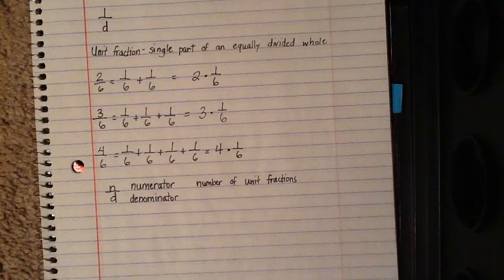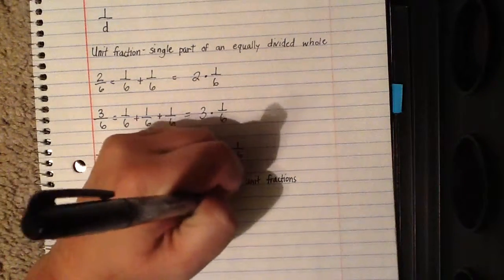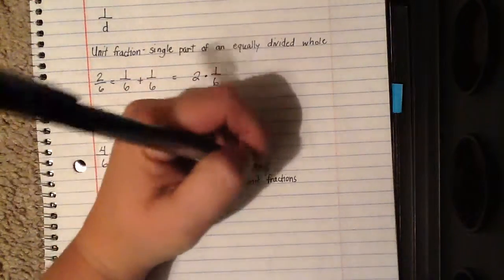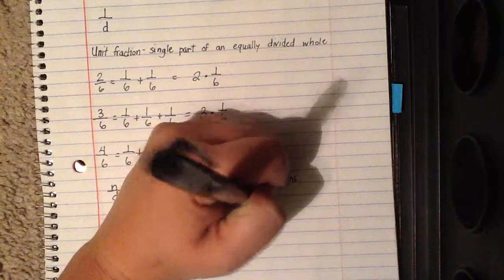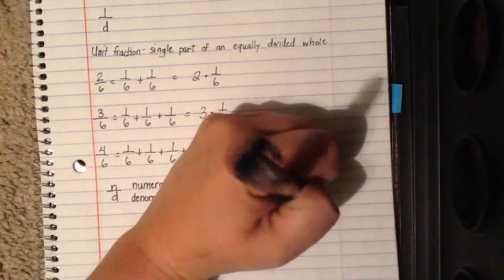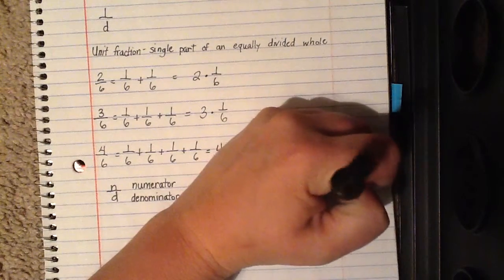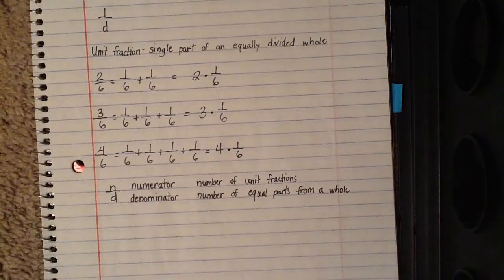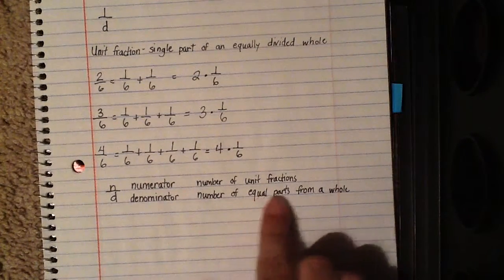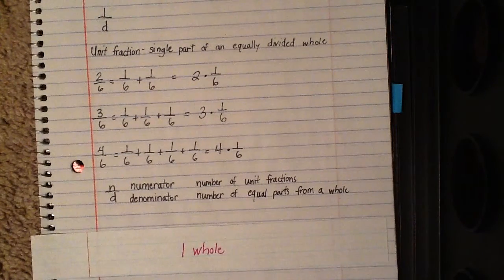The denominator is the number of equal parts from a whole. So the numerator will be my number of unit fractions, and my denominator will be the number of equal parts from this one whole that we started with.